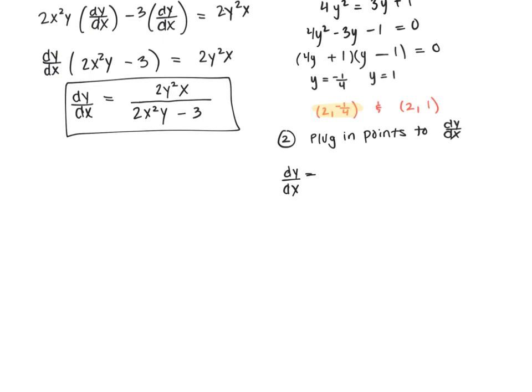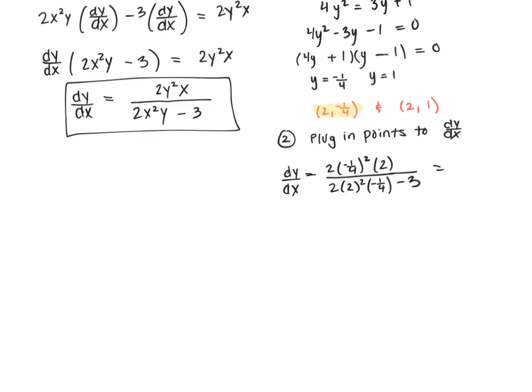So 2, the y value is negative 1/4 squared times my x value of 2. Bottom is 2, my x is 2 squared, my y is negative 1/4, and then minus 3.